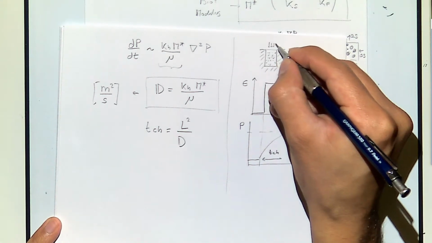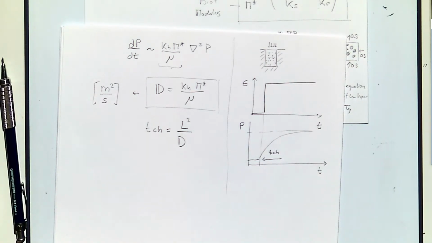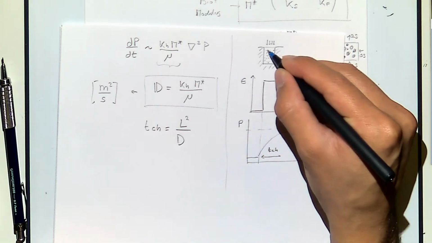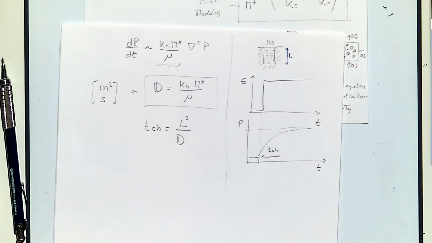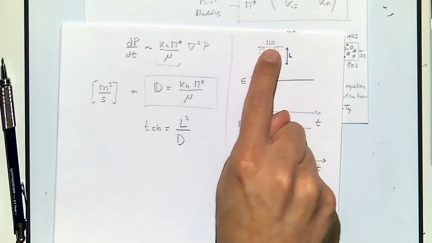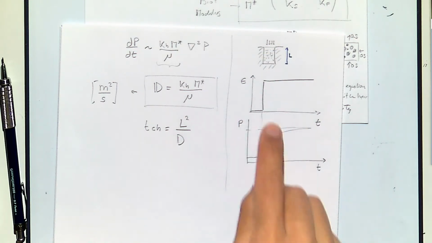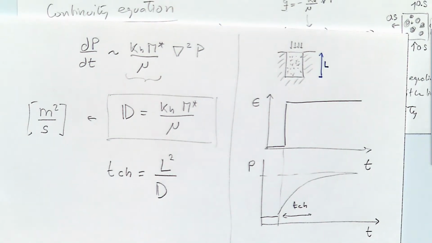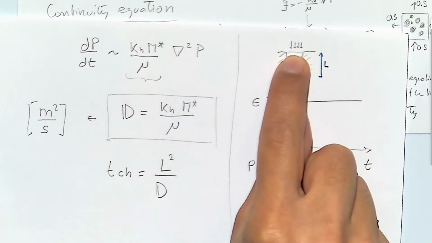When I apply a load and I deform it, L is the drainage length, how far a fluid has to go in order to reach the condition in which pressure is going to be equal to 0. So, for example, if you push this from the top and you have a draining boundary, that means that the fluid can go through. All the fluid that is here at the bottom, or some of it, not all of it, will have to go all this distance in order to get to this free surface.